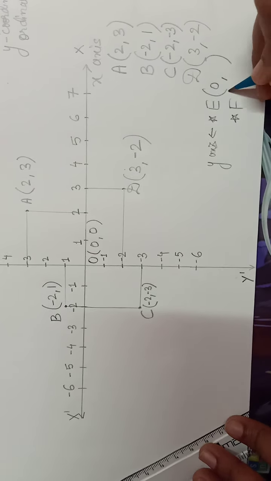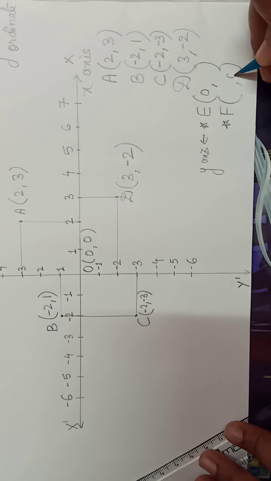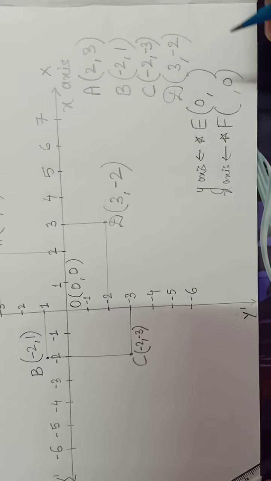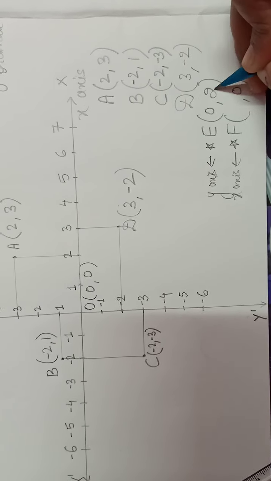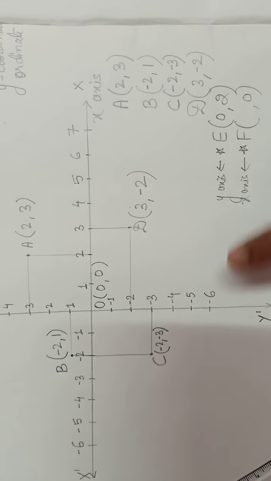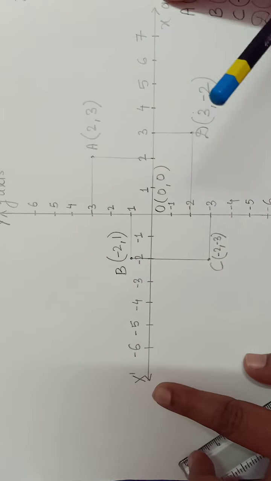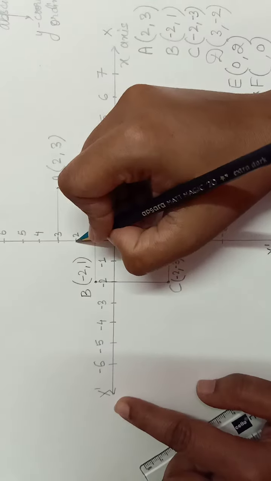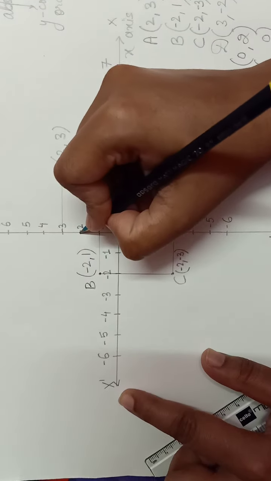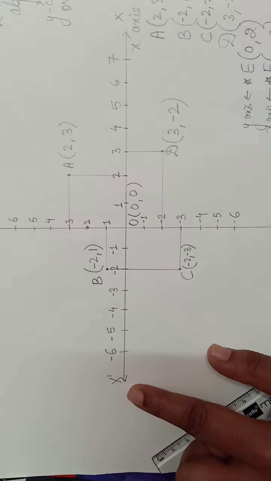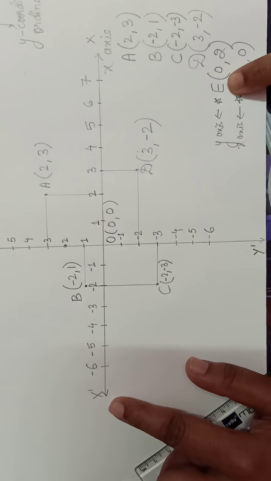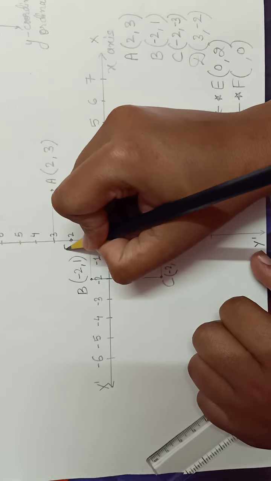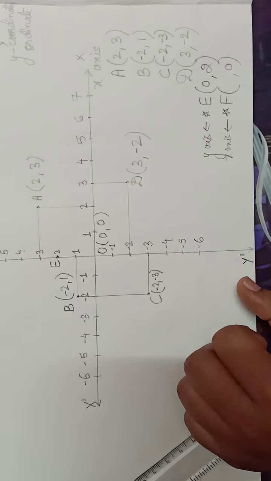And the point whose y coordinate is 0 lies on the x-axis. Let's take one example, (0, 2). Now on the x-axis it is 0 and on the y-axis it is 2. So you have to search 2 on the y-axis and mark it. As I told, you can see that point E lies on the y-axis.